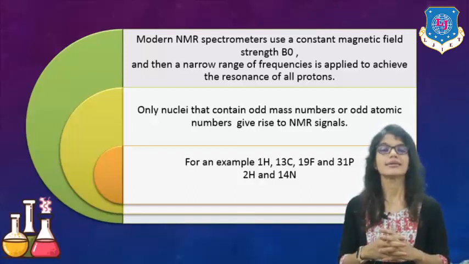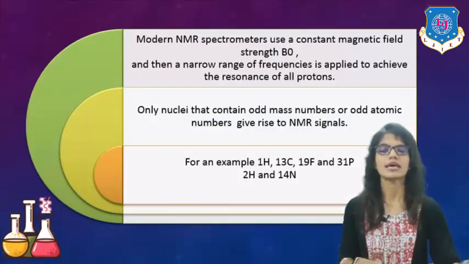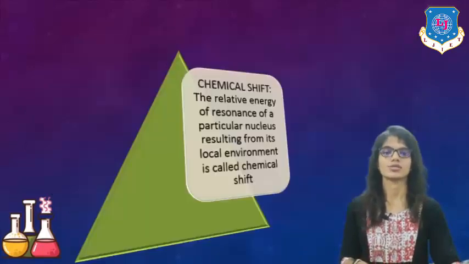Only nuclei that contain odd mass numbers or odd atomic numbers give rise to the NMR signals. For example, 1H, carbon 13, 19 fluorine and 31P. Now here two others are there like 2H and 14 nitrogen that will not give us any kind of resonance, right?